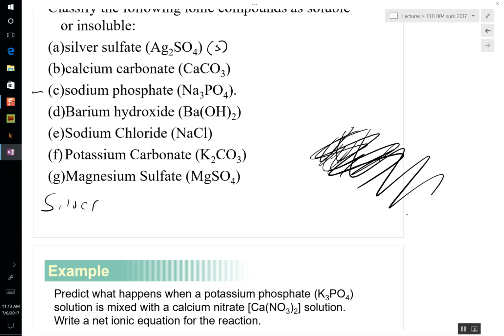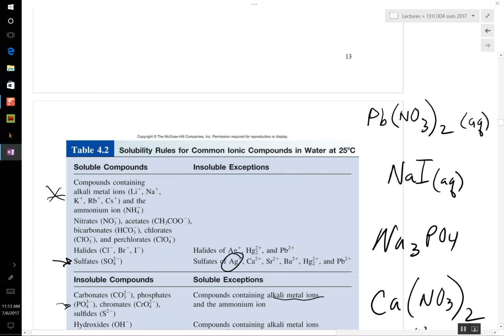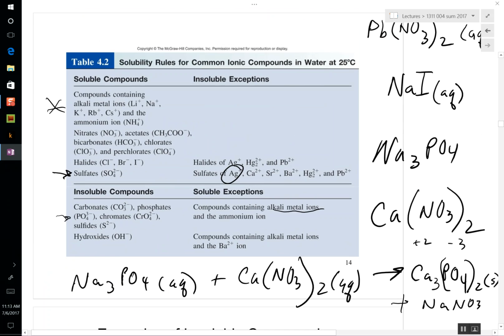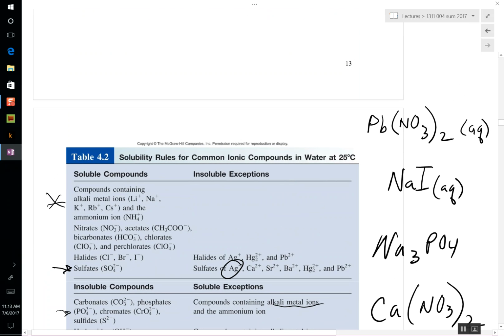So silver nitrate, and we're going to start out here with two things that we know. Sodium chromate, CrO4.